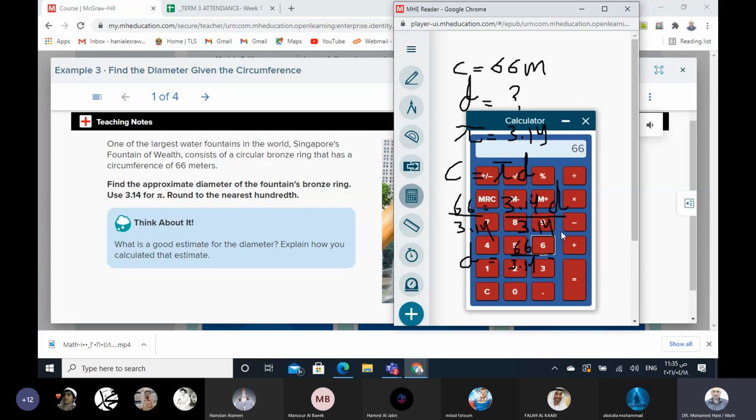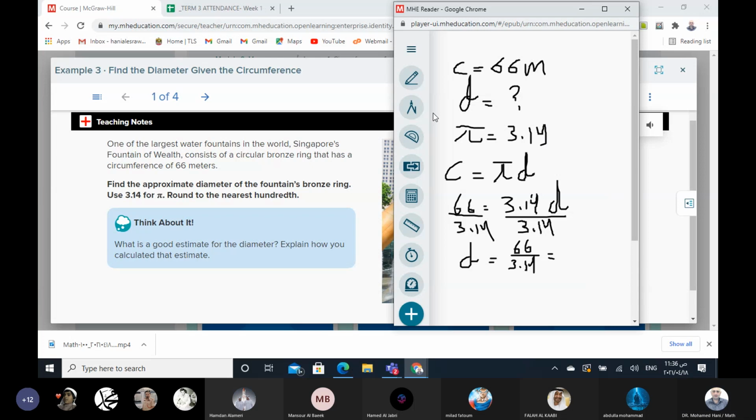Now 66 divided by 3.14, the answer will be about 21.0191 meters.